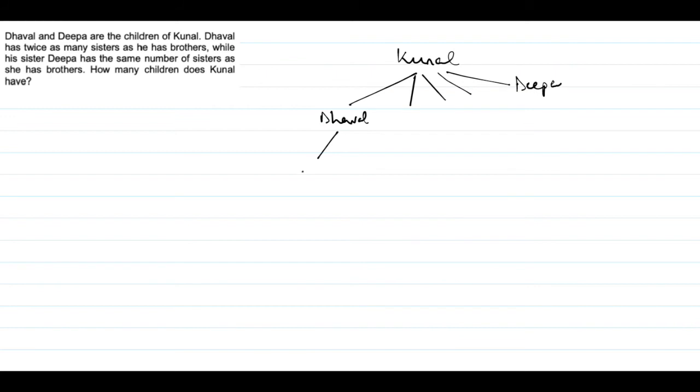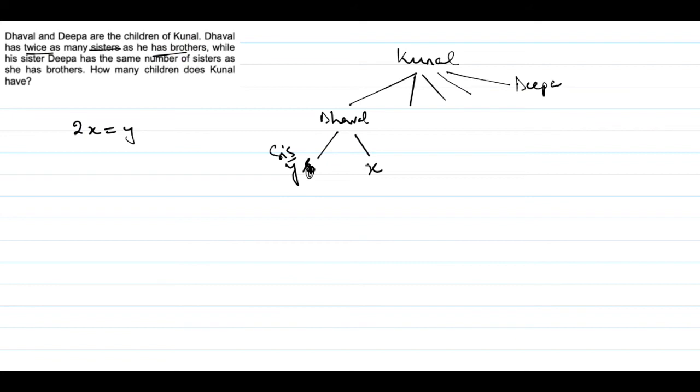Suppose we take a conventional notation: number of sisters as y, number of brothers as x. According to the first condition, number of sisters is 2 times x. The number of sisters is twice the number of brothers.